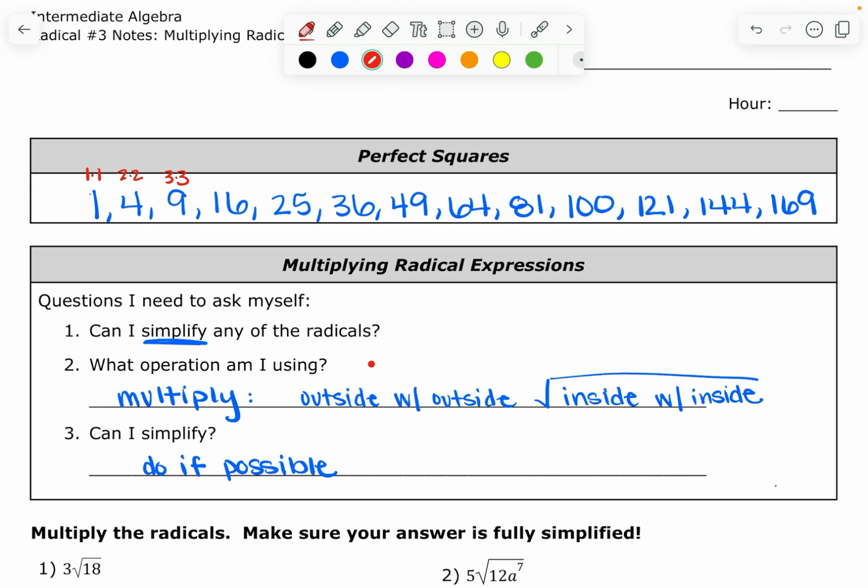What you have to make sure is that when you do the inside times the inside, it stays underneath the radical. And then your last step is always to try to simplify one more time just to be safe, because things might have been missed before, and then we'll still need to simplify.